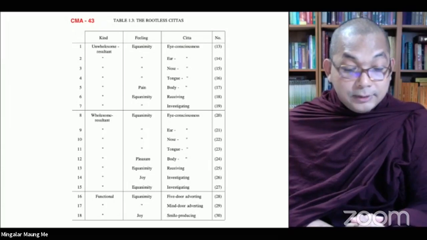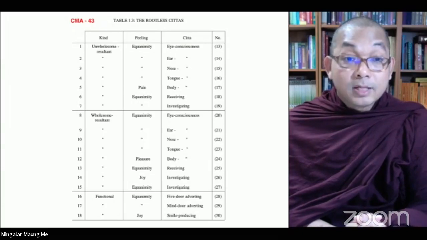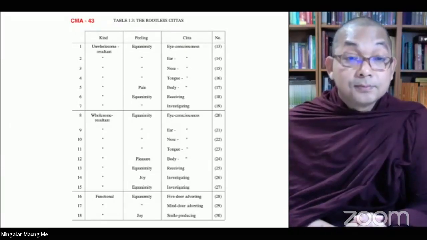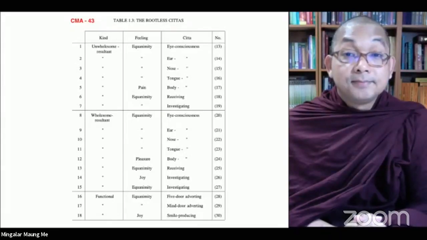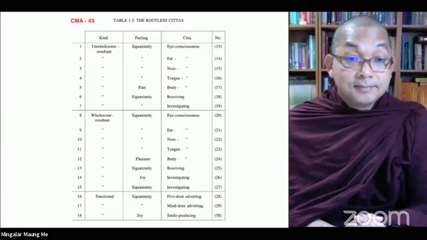Then look at number 8 to number 50. There is only one pleasure feeling and one joy feeling. The rest are equanimity feeling.